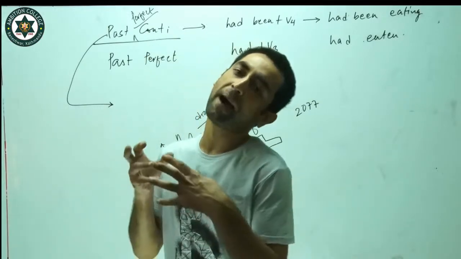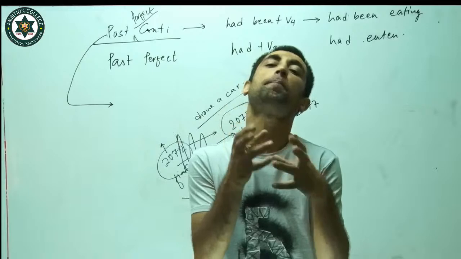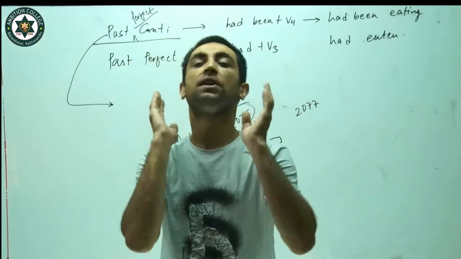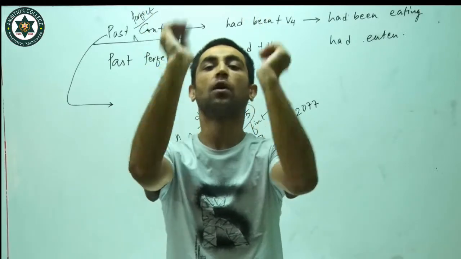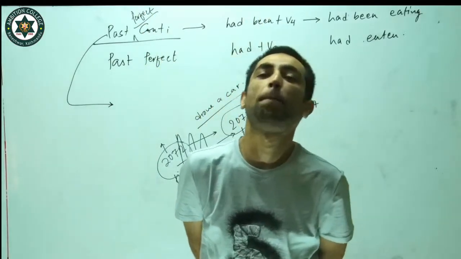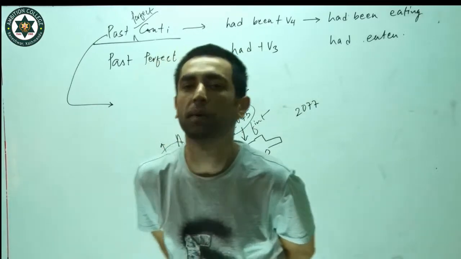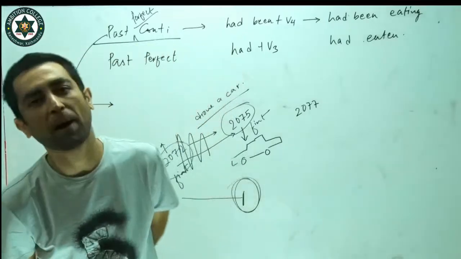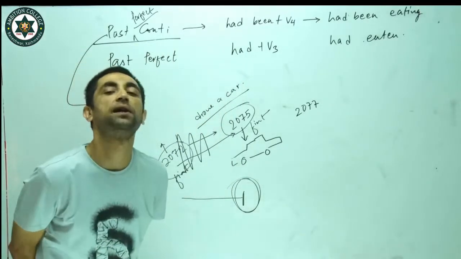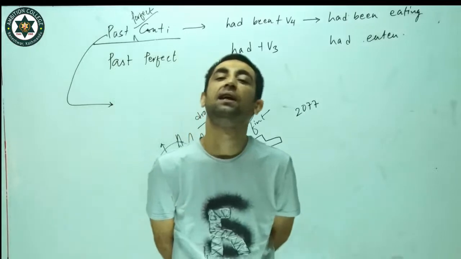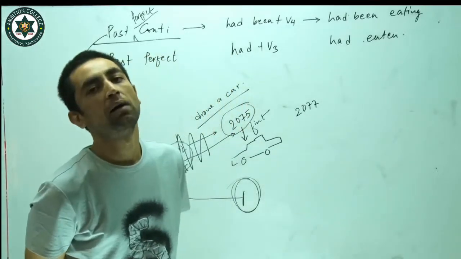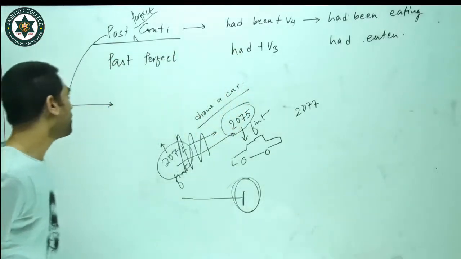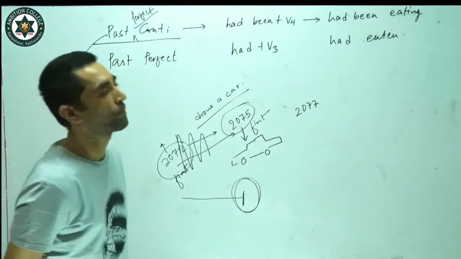So to talk about such a thing of the past, which was in a continuous state till you observed it, we use the past perfect continuous to talk about it. Something that happened in the past but was in a continuous status till I or the speaker observes the subject.